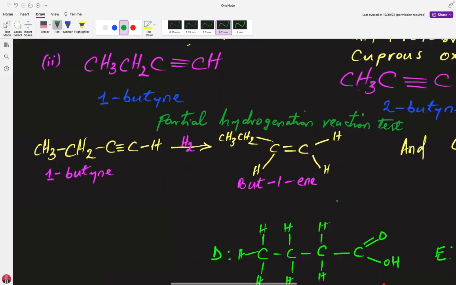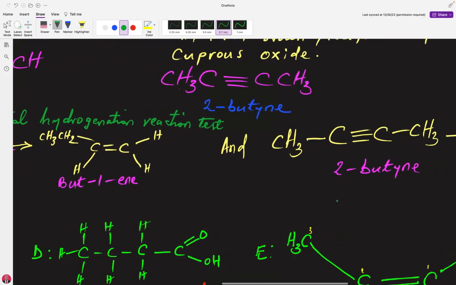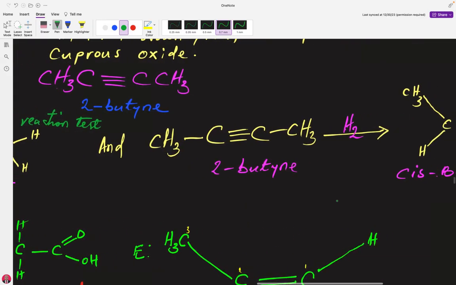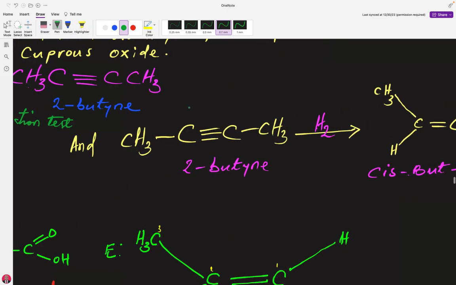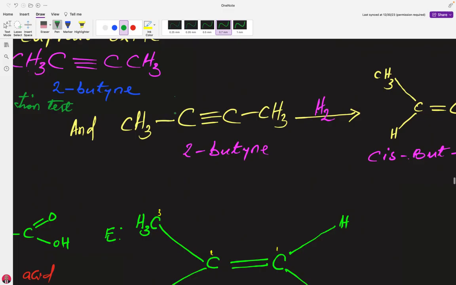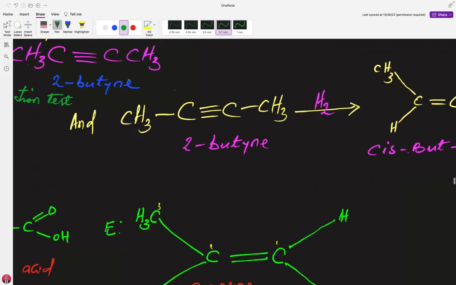On the other hand, we have 2-butyne, using the partial hydrogenation reaction. When we react 2-butyne with hydrogen, it's going to produce what we call an internal alkene.